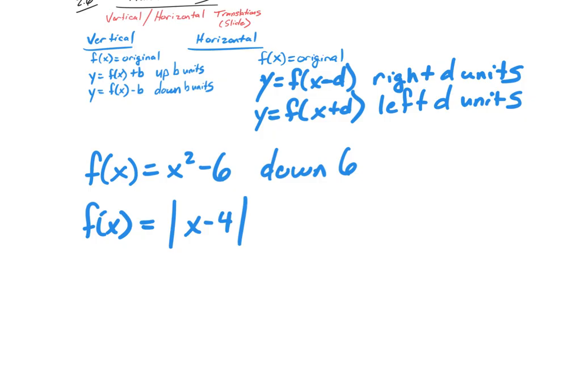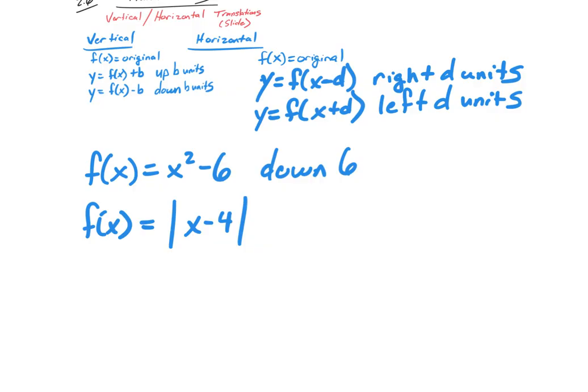This time, the number is inside of the function, okay? We have an absolute value sign, but we have x minus 4. So when it's inside of the function, it's going to be one of these two, because it's inside. Here I know it's parentheses, but here, because our function is absolute value, we're going to put it inside the absolute value. And because it's inside, if it was minus, we're going to move it right, okay?